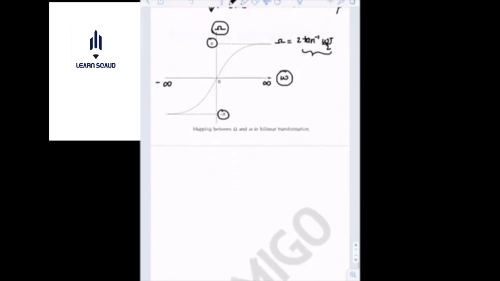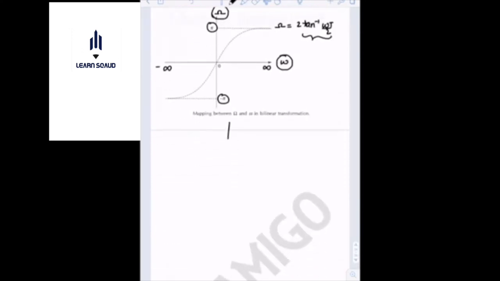But there is one more problem which we will face. That problem is called the problem of frequency warping. Okay, what is this?